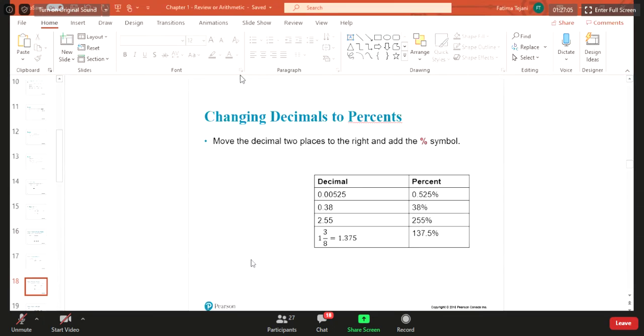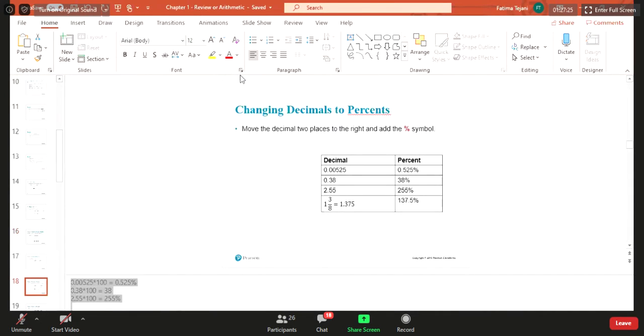First you have to solve the fraction, that is 3 divided by 8, and then add it to 1. 3 divided by 8 is 0.375, plus 1 is 1.375, times 100 because it's percentage, equal to 137.5.